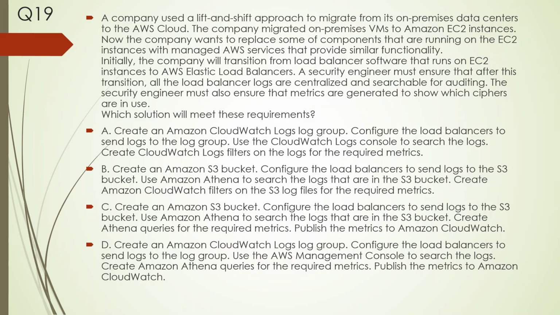C. Create an Amazon S3 bucket and configure the load balancer to send logs to the S3 bucket. Use Amazon Athena to search logs in the S3 bucket. Create Athena queries for the required metrics. Publish the metrics to Amazon CloudWatch.